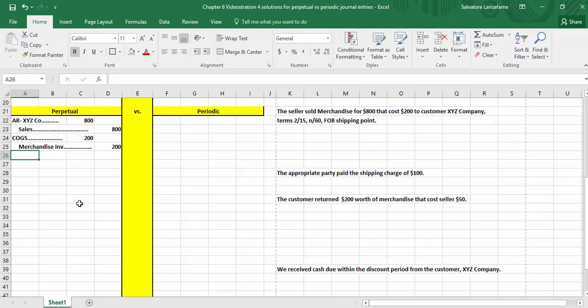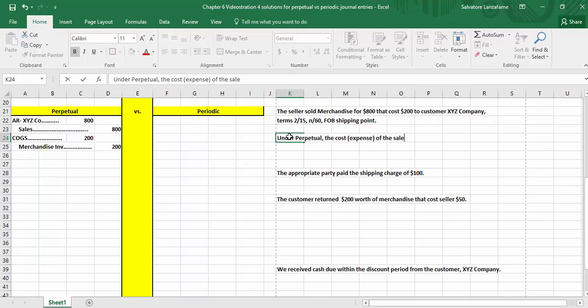Okay, so keep in mind, under perpetual, the cost, which is another way of saying expense, the cost of the sale takes place when you sell.